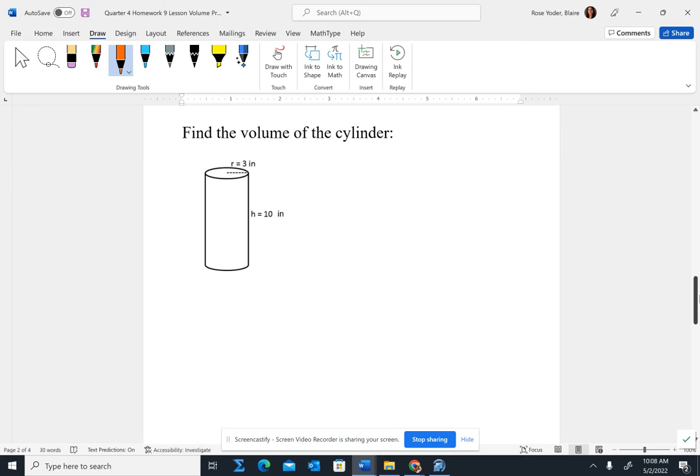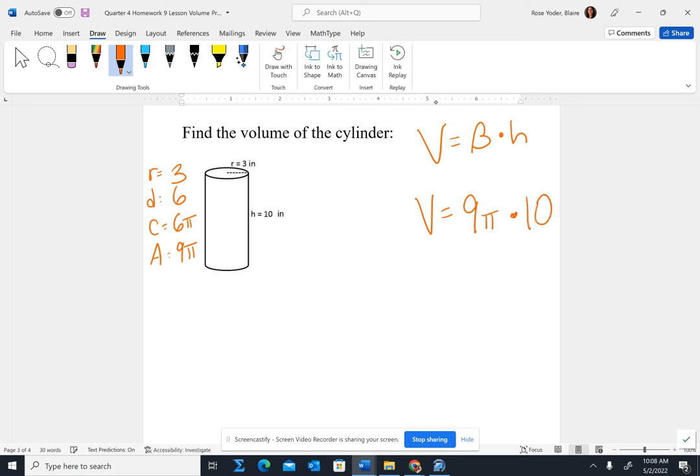So what if we have a cylinder? Well, we're still going to do area of the base times the height. Base is a circle, so let's do a quick RDCA, which we're experts at now. And a lot of times people think volume is a little bit easier than surface area because instead of having to draw all these faces, we can just do the area of the base times a height of 10. 9 times 10 is 90.